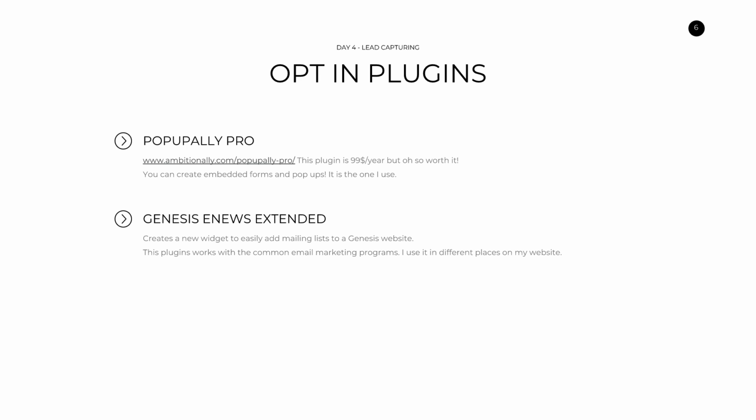The eNews Extended plugin is also placed in the widget area, so I can decide on my homepage, which is designed with different widgets, to place my opt-in just above the fold, or just place an opt-in underneath every blog post. You can do the same with Pop-Up Li Pro, but it's a little bit overlapping, so just decide what's best for you, but that's a possibility too.